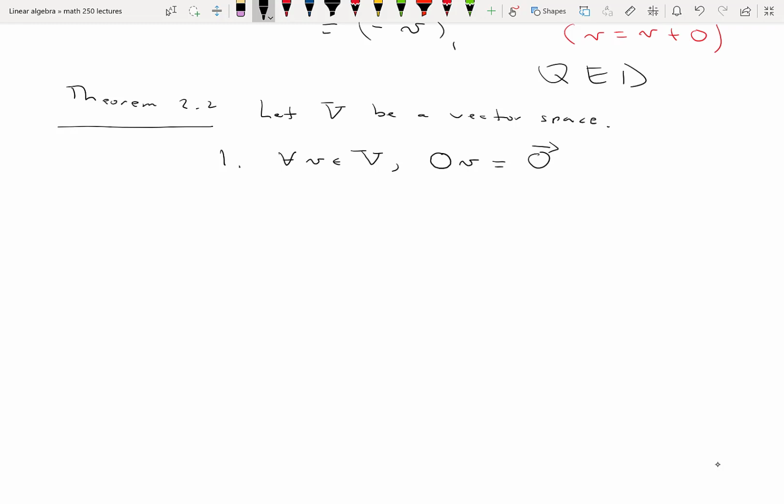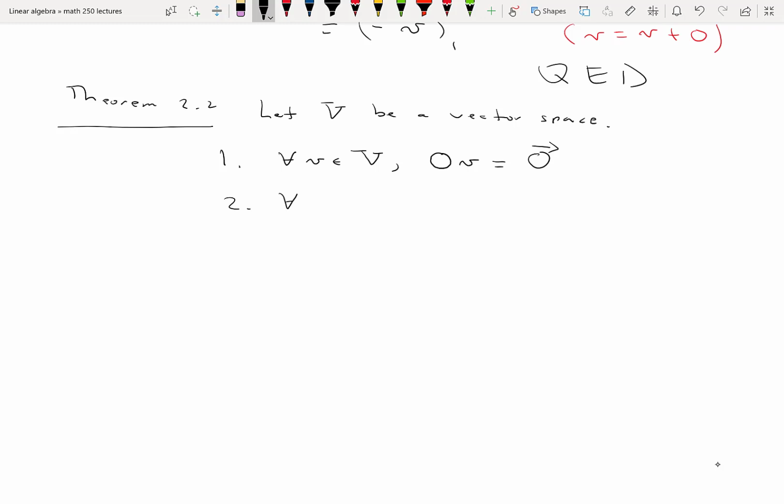This is not one of the 8 properties. None of the 8 properties directly say this. If you think it's obvious, that's a problem with your thinking. You're using the properties of real numbers to extend to vector spaces in general. It's very common for students to do that at first, so be very careful with this stuff.